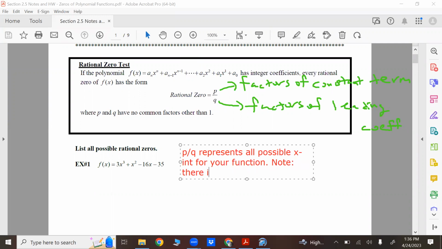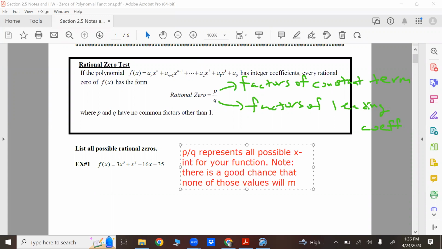Note, there's a good chance that none of those values will be an x-intercept, but it's possible. So that's what P over Q represents.